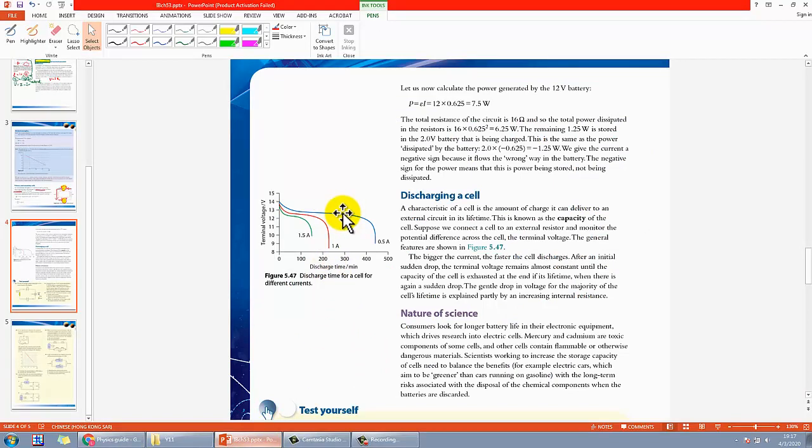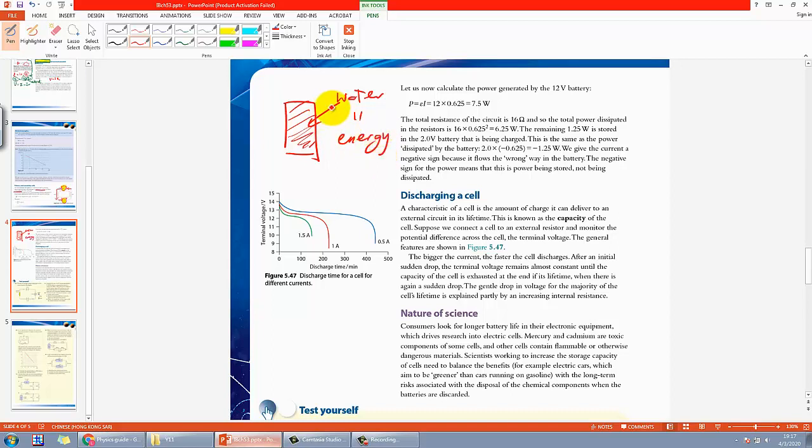The idea of how to understand these three lines, the blue, the red and the green lines here, is you can see there are three currents, and the blue one has a relatively lower current, 0.5, and the green one is the highest, 1.5. So imagine you have the same battery, and you can think of a battery as simply a bucket of water, and that water is basically the energy.